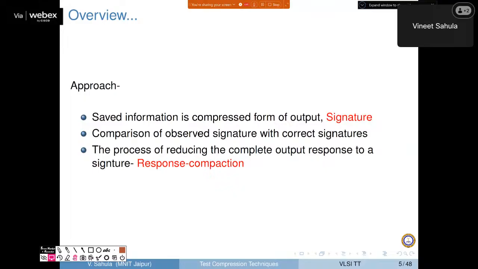So a signature is a compressed form of output sequence, right? And then we do it on the fly. When we get a response sequence, the response is compacted. So they are all synonymous. The signature is a compressed form of the output sequence. Response compaction corresponds to the same idea that we have an output sequence compacted, and so on and so forth.